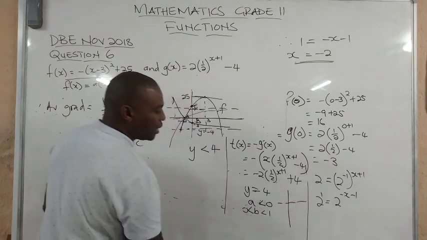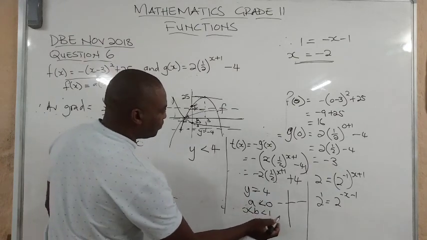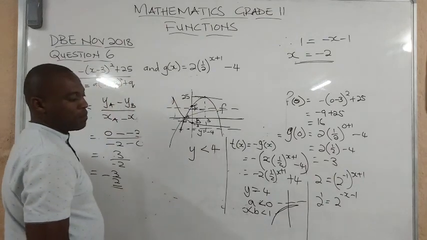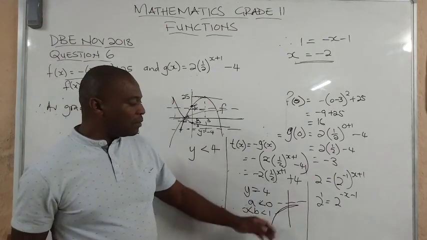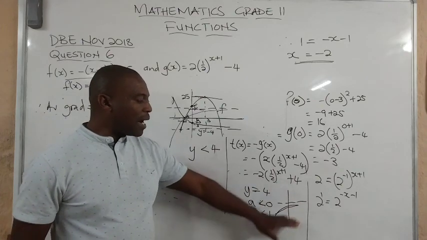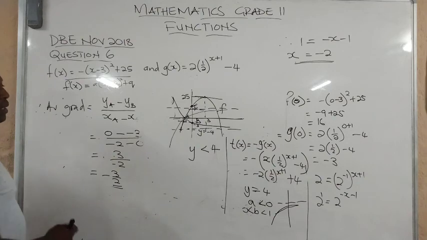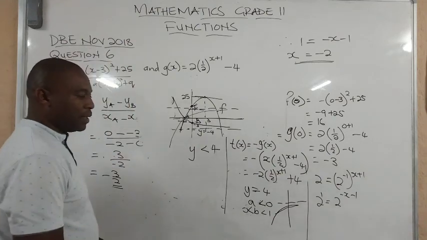The asymptote is there. The graph is under the asymptote, which will be in this form. So we can tell now that the values of y are less than 4 because the graph is below the asymptote. All right, let's move on to 6.8.